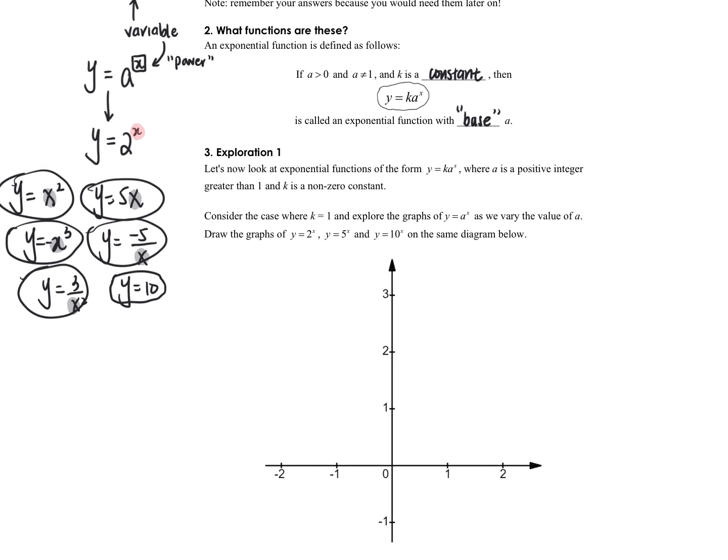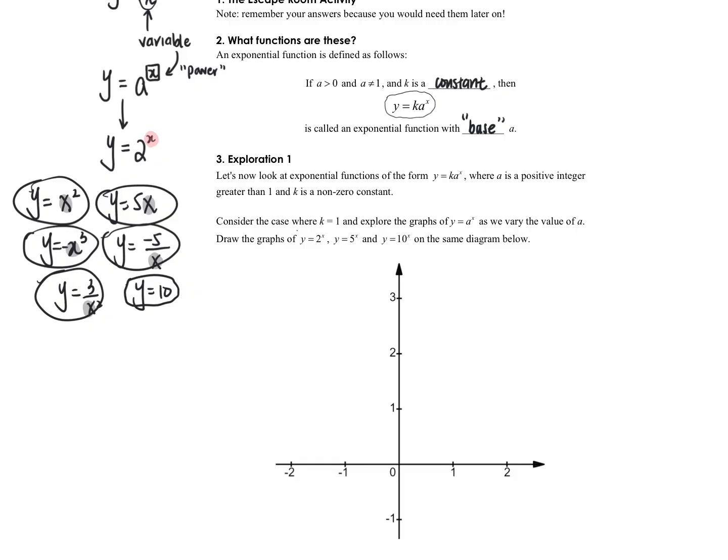So for instance, when you want to draw y equals 2 to the power of x, there's one very important point you need to know, which is called the y-intercept. So what do we sub in when we want to find the y-intercept? x equals 0. When you sub x equals 0, what happens to the y value? It is 1. So for an exponential graph, when there's no number in front, it always cuts through 1.